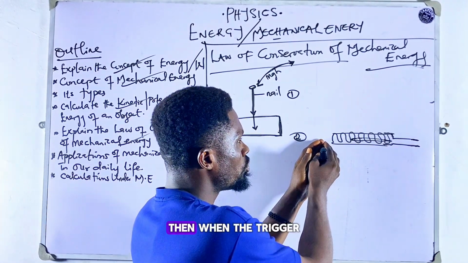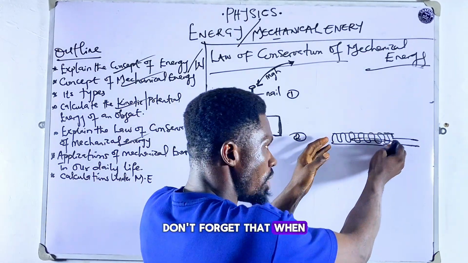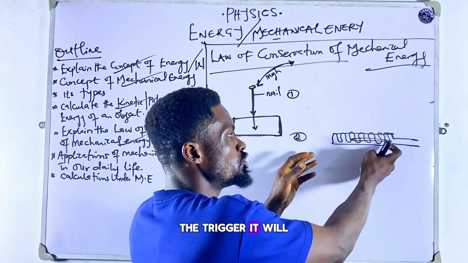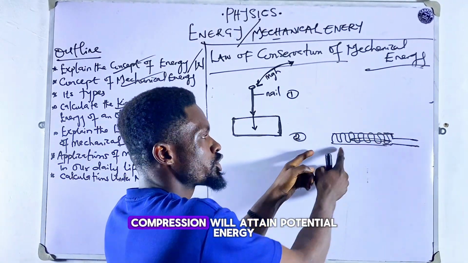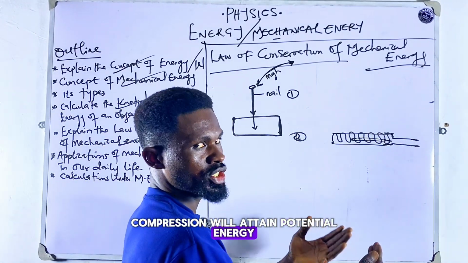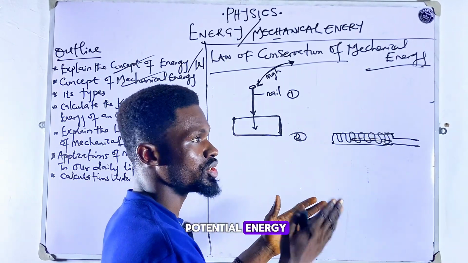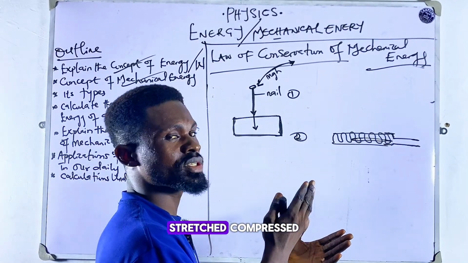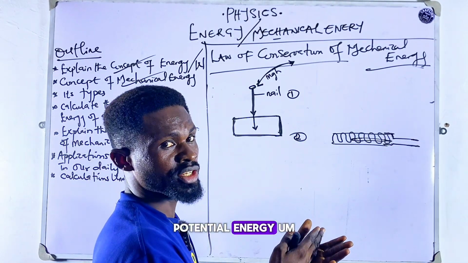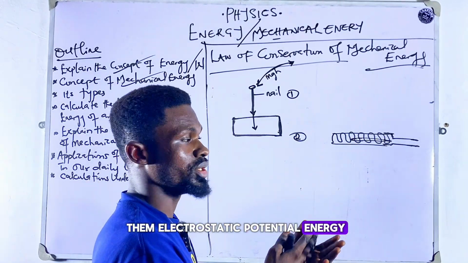Then when the trigger is being released, don't forget that when you hold the trigger, it will compress the spring, and the spring under compression will attain potential energy. We have explained it when we treated the three types of potential energy: gravitational potential energy, the stretched or compressed spring potential energy, and also electrostatic potential energy, isn't it?